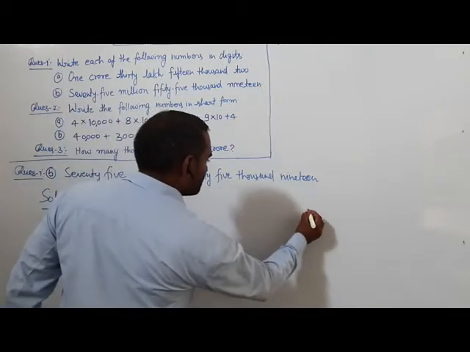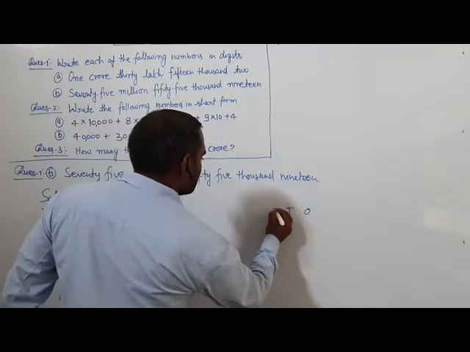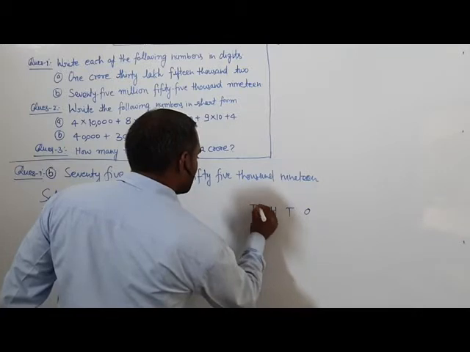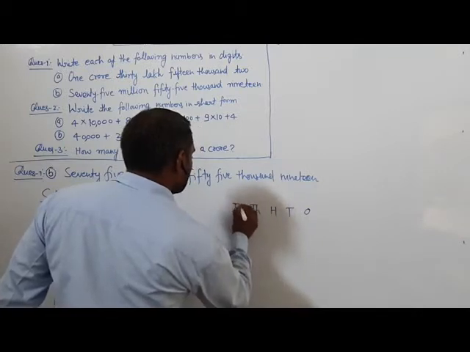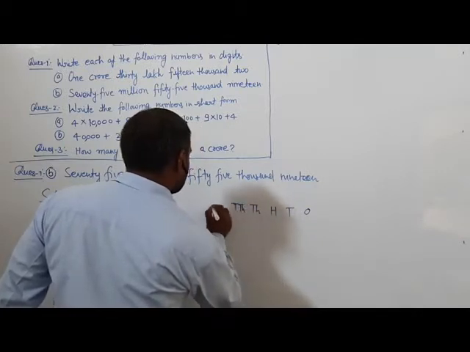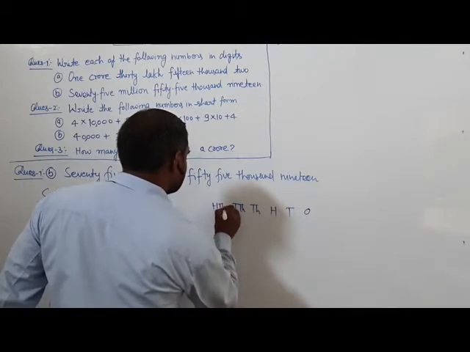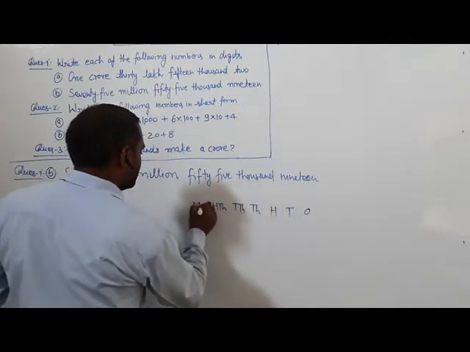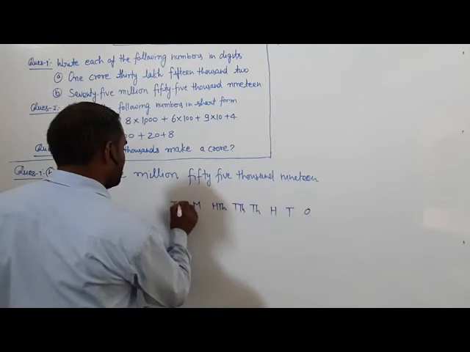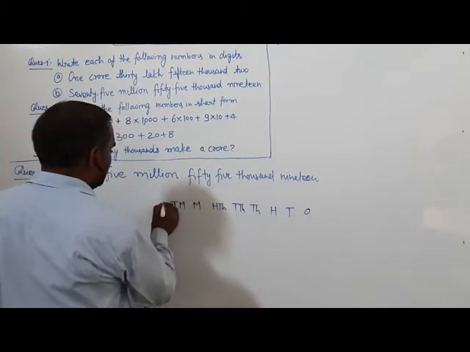Ones, tens, 100, 1000, 10,000, 100,000, million, 10 million, and 100 million.